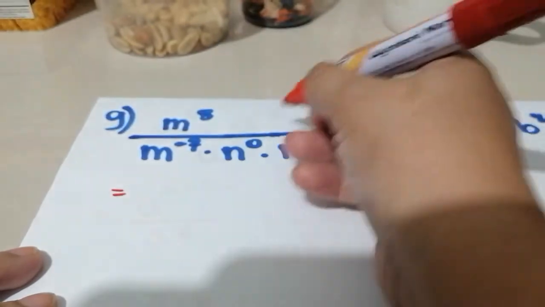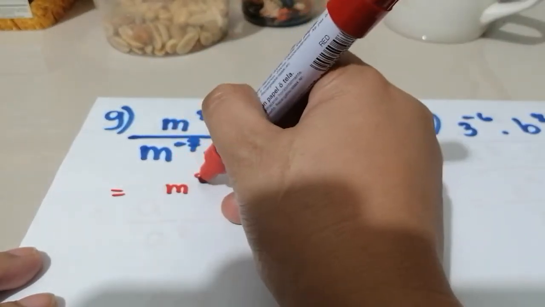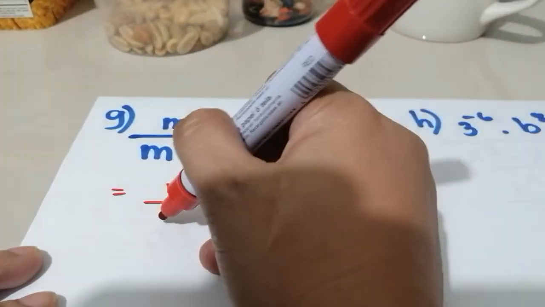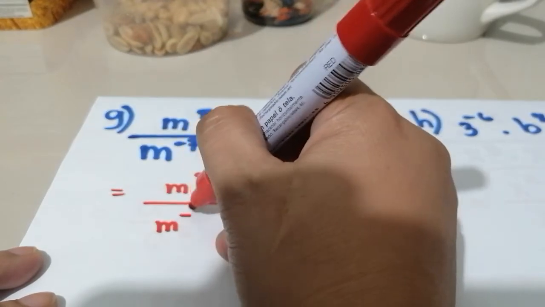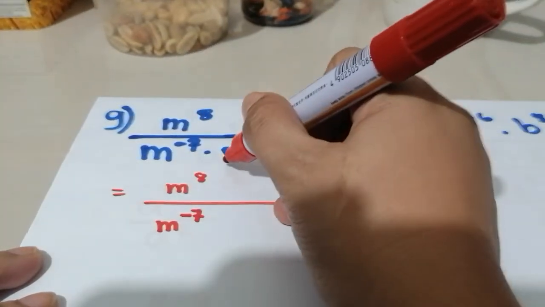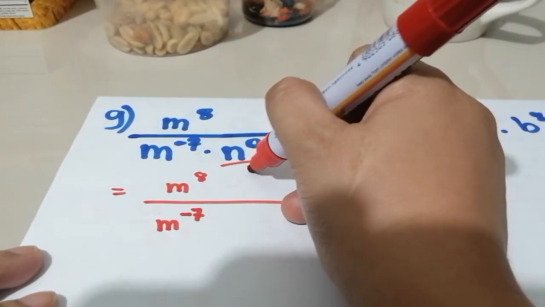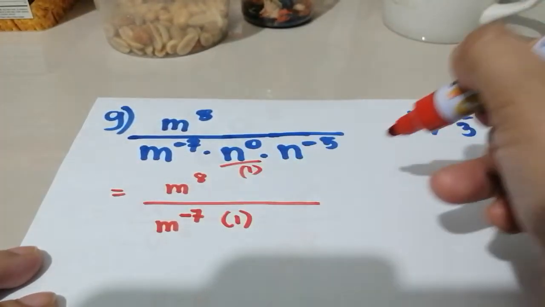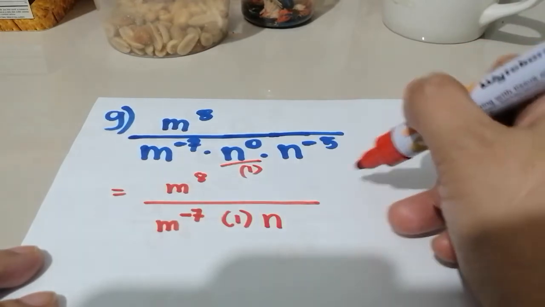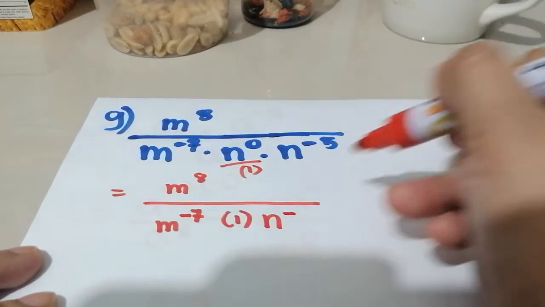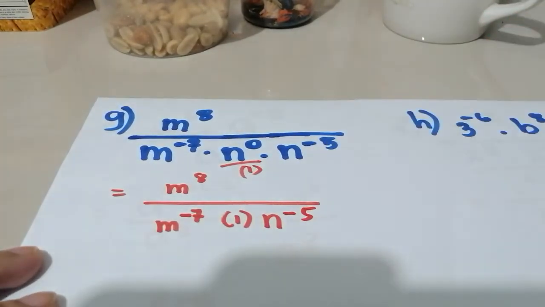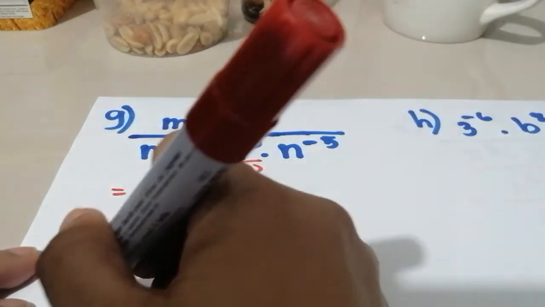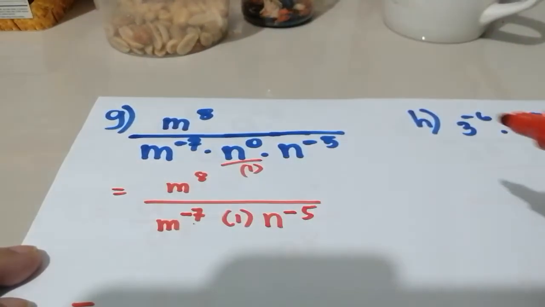So, again, kailangan nating kopyahin yung m raised to the 8th power, over m raised to negative 7. N raised to 0 is equal to 1. Okay, so times 1, and then n copy raised to negative 5. Okay, the next is we need to simplify the m and m here.